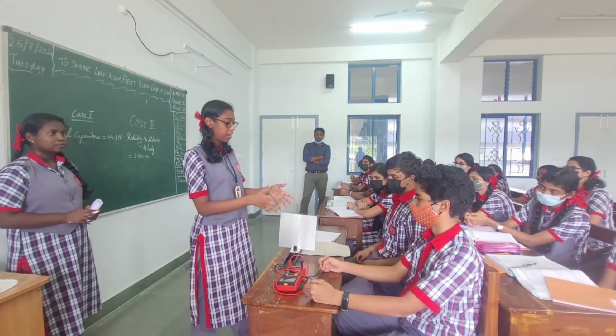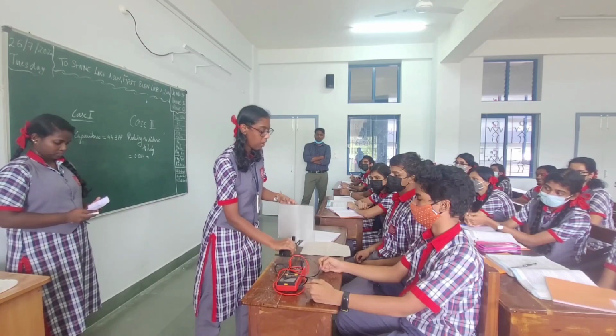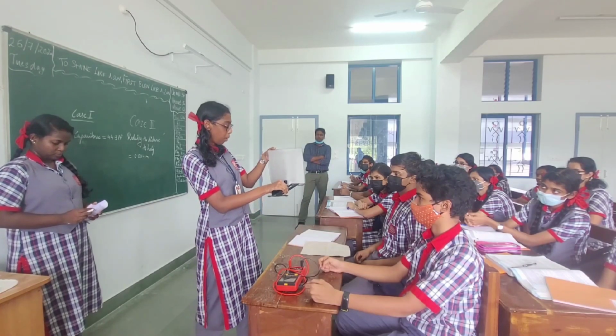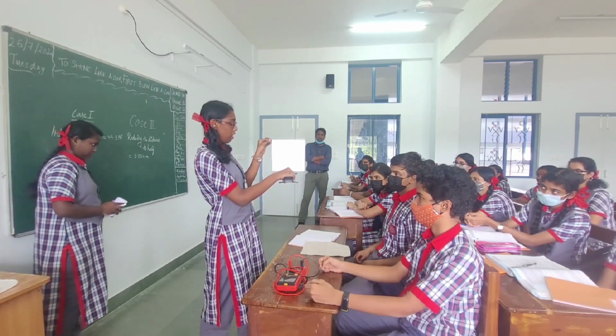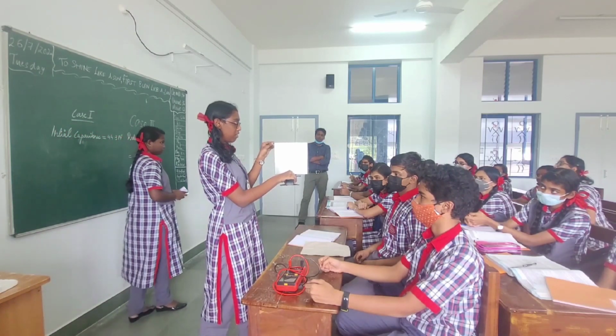Now for this case, we have reduced the distance between the plates to half of the initial value, that is 4 millimeter, and we have introduced a dielectric medium of dielectric constant 5.